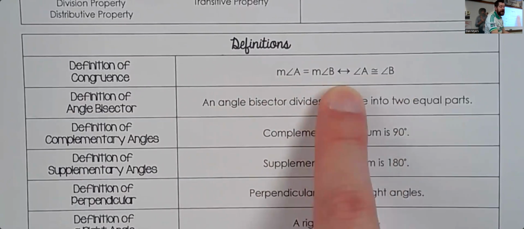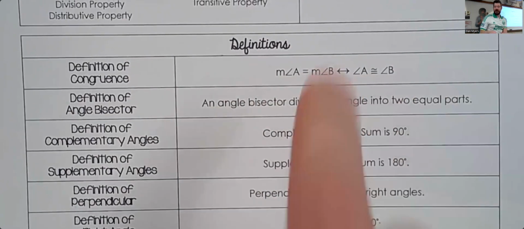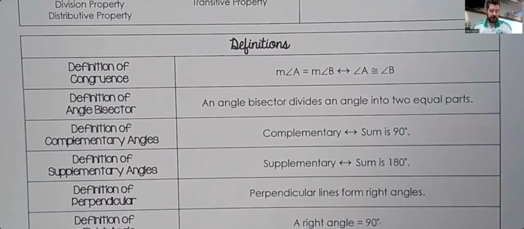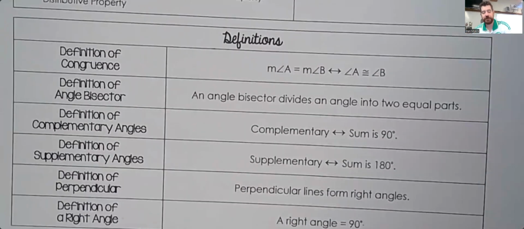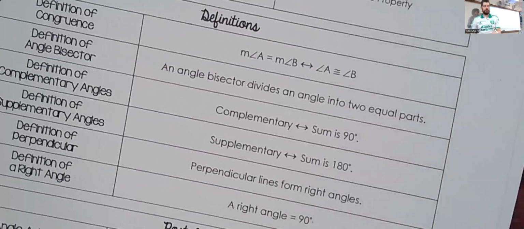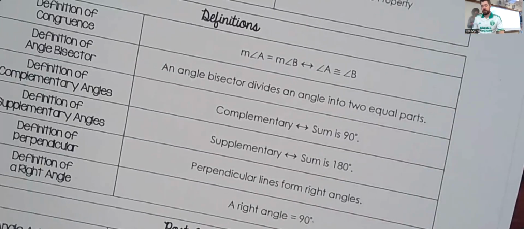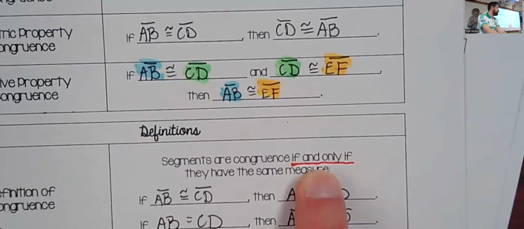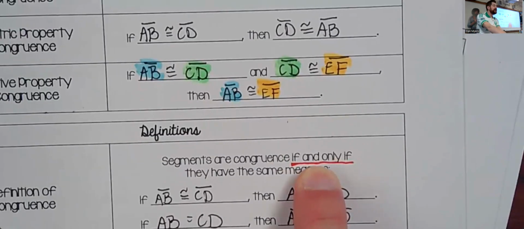By the way, the two-way arrow here, I'm just going to go back to the notes real quick on Monday. We saw the definition of congruence had this little term right here, if and only if, with segments, which means that the statement works both ways.